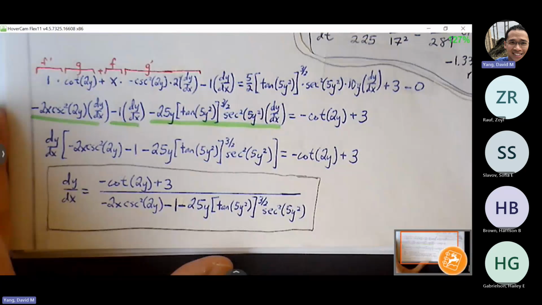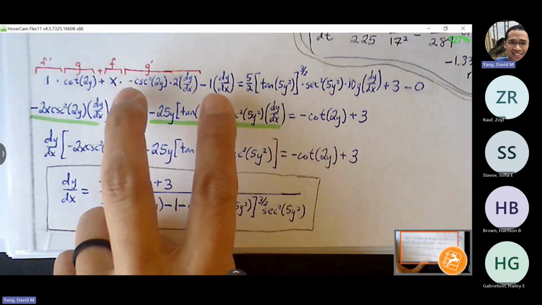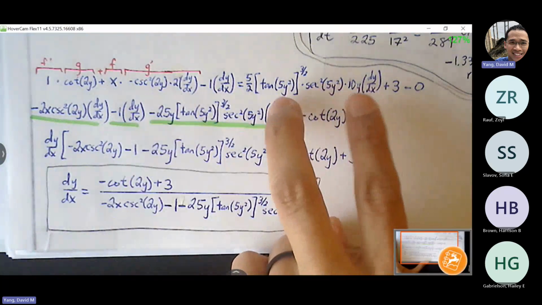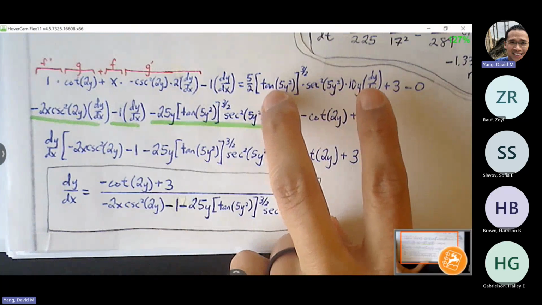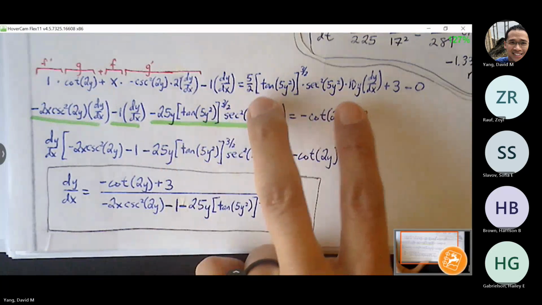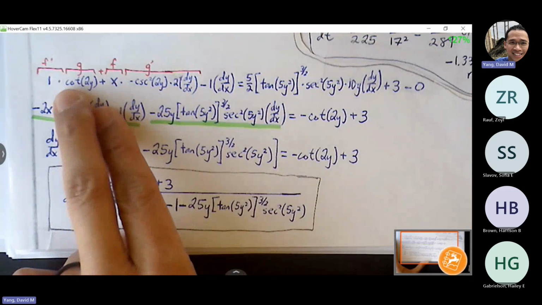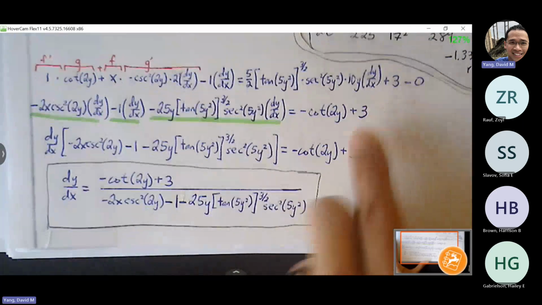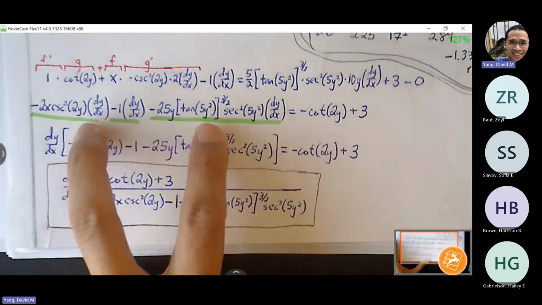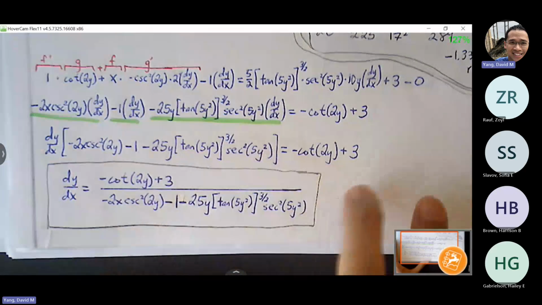Okay, so as I move things around, I have 2 dy dx terms already on the left side, so I can leave those alone. This whole mess of a chain rule, I'm going to have to subtract over to the left side here. That becomes this. And then the cotangent 2y and the 3, I'm going to have it be together on the other side. From here, I can factor the dy dx out. Divide all this over.